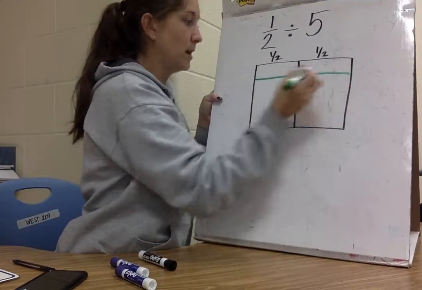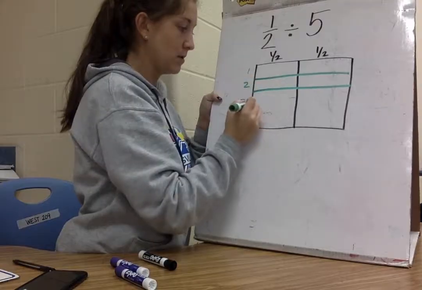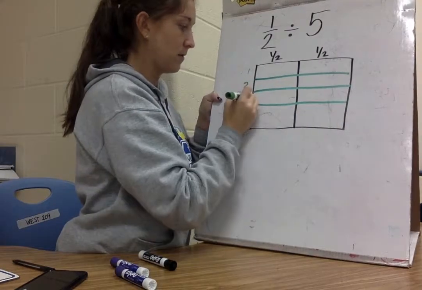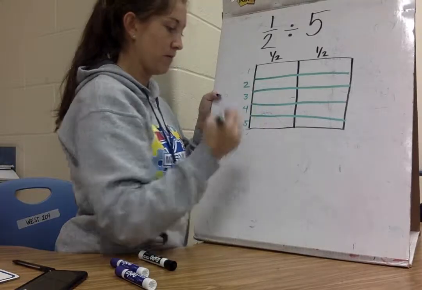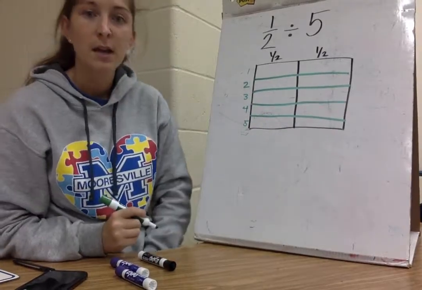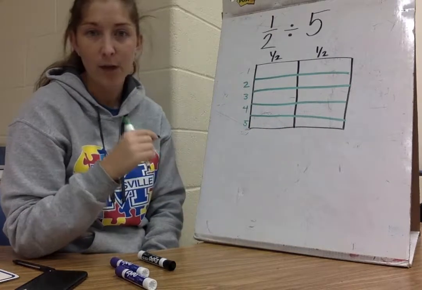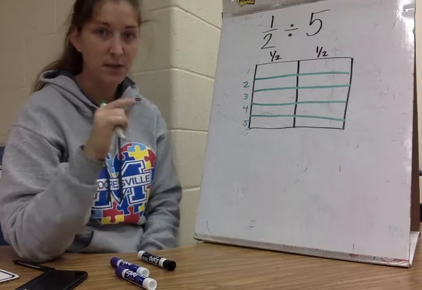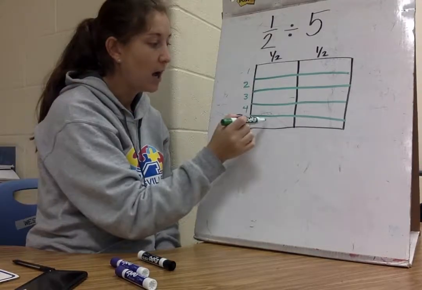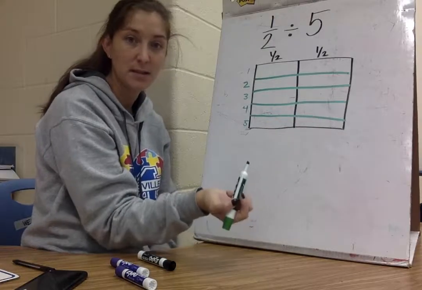So 1, 2, 3, 4, 5. Now remember, my answer isn't how many total pieces I have. My answer is what one of those pieces represents as a fraction. I've got 1, 2, 3, 4, 5, 6, 7, 8, 9, 10 pieces.